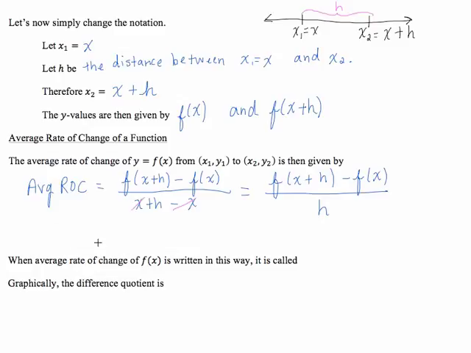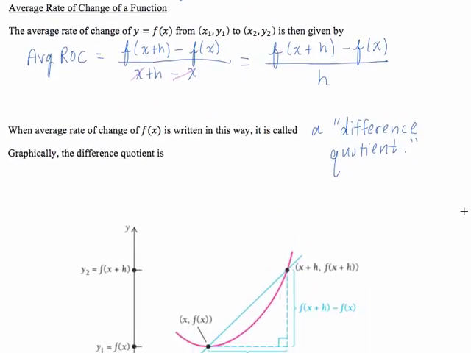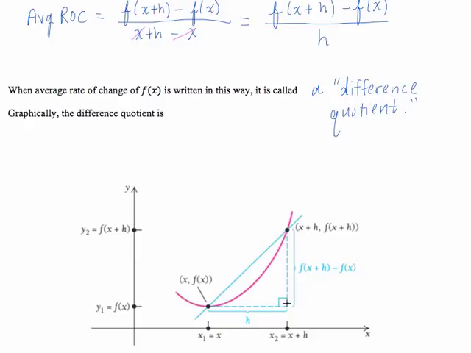And when the average rate of change of a function is written this way, it is often called a difference quotient. Graphically, let's look at what a difference quotient is. Well, the f of x plus h minus f of x, that's the change in these two y values between these 2 points. And the h is the distance between those 2 points.